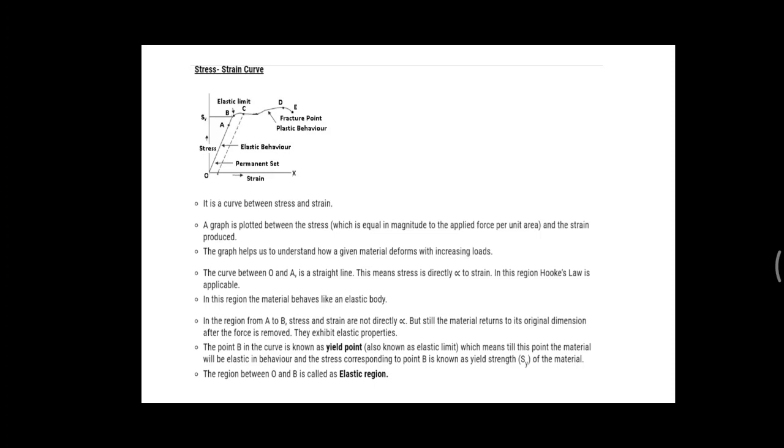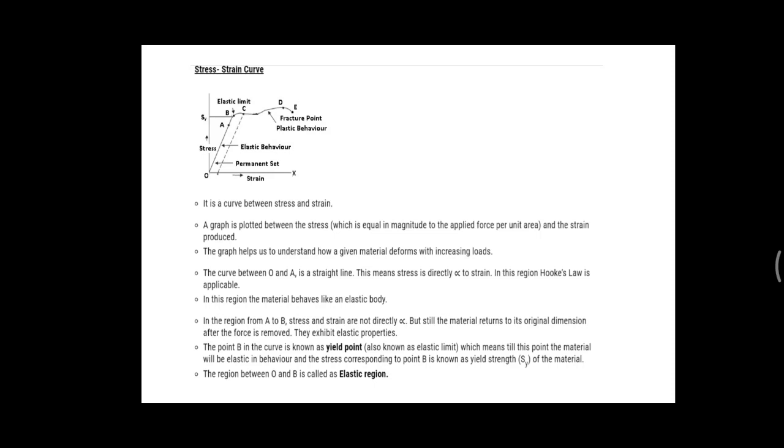That means the body can regain its original dimension or original shape as we are decreasing or removing the load. And the stress value corresponding to point B is known as the yield strength.